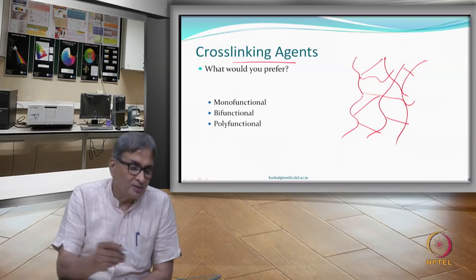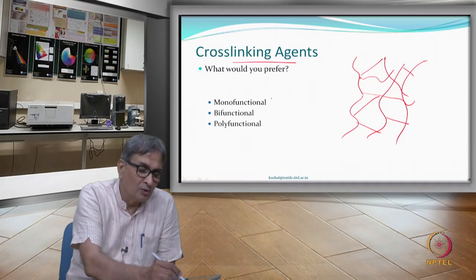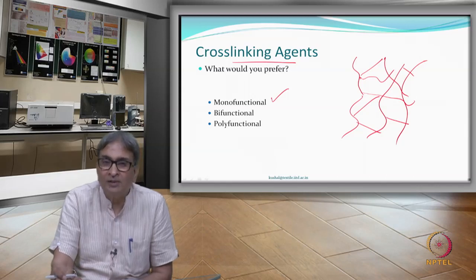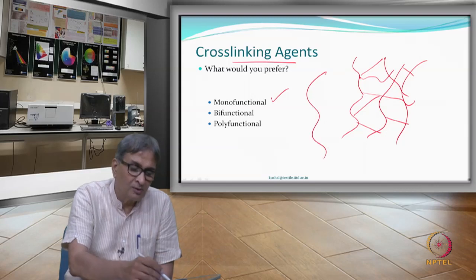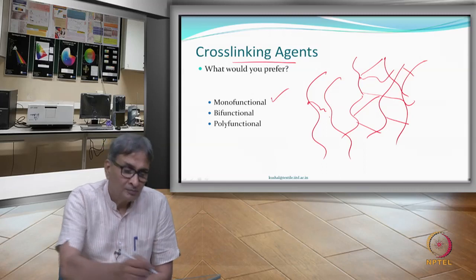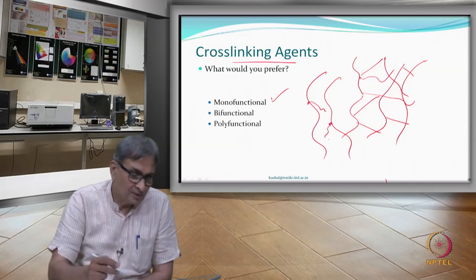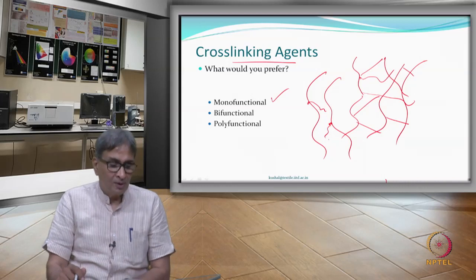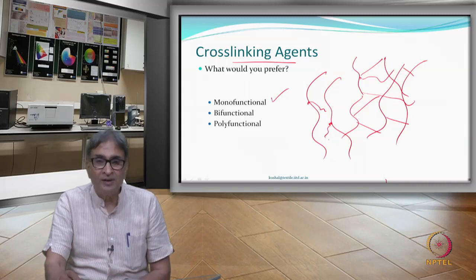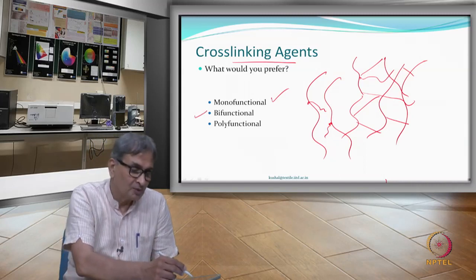So, by looking at this, what kind of agent would you want? Would you want a monofunctional agent? Monofunctional agent means there is one functional group which can react. Is it good? May not be, because if this is the molecule, it reacts at one place, the other is dangling. If this happens, then we may not be able to get what we are interested in, because if we bend, this can slip. What we need therefore is not less than a bifunctional agent.